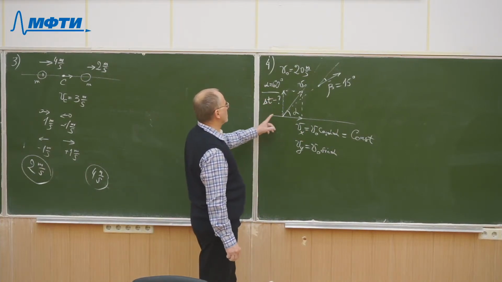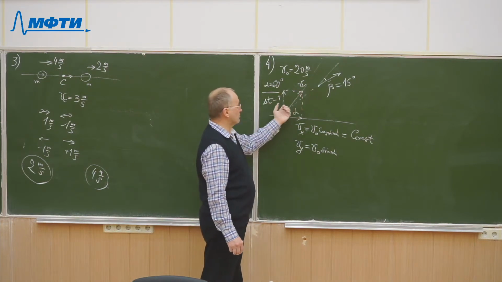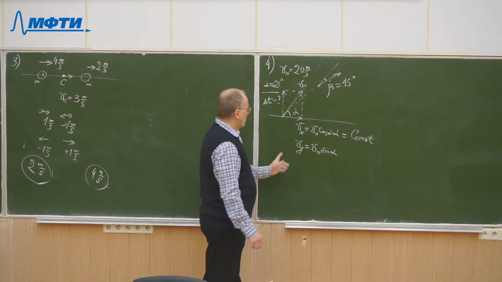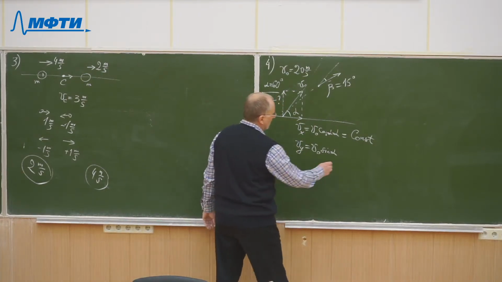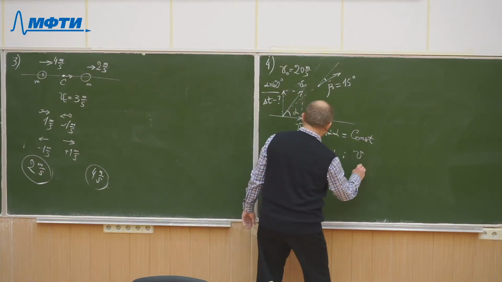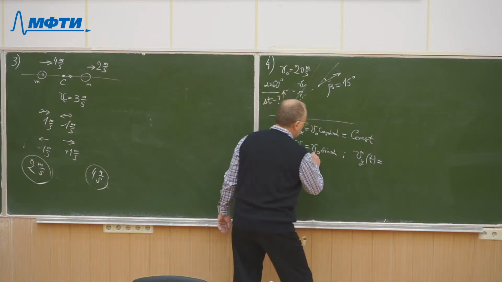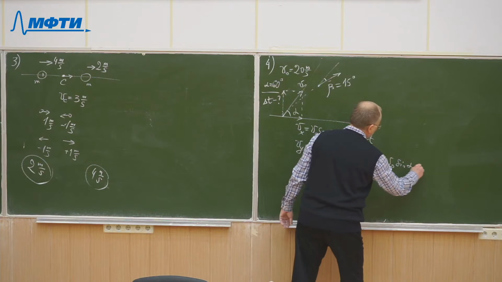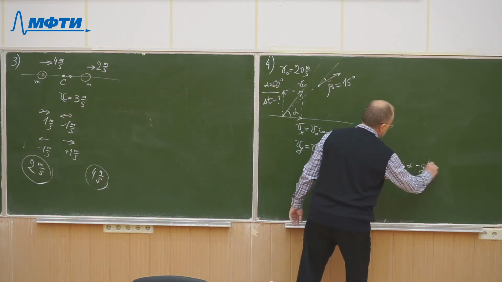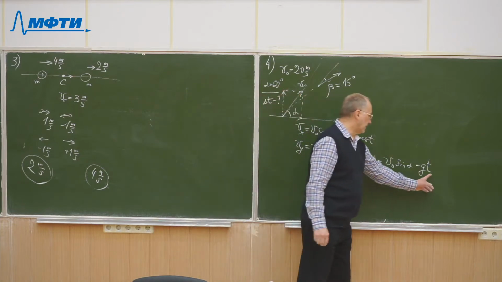We neglect the forces of air drag, the forces of air resistance. But the vertical component will not be constant. The vertical component as a function of time will be the initial vertical component, V0 sine alpha, minus the acceleration of free fall times t.